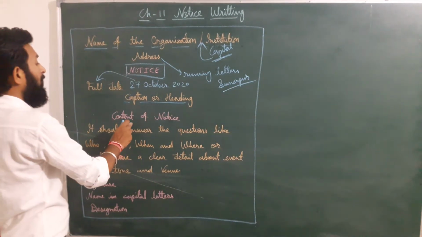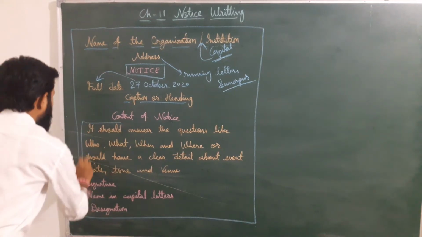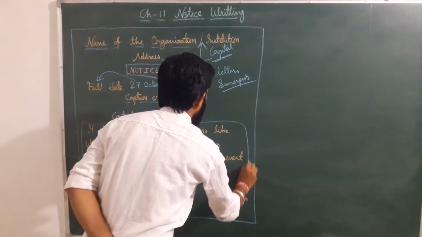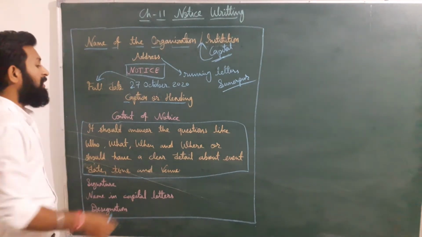After that, the content of the notice. For whatever you are writing, you have to write the complete content here. It is the content; you can say the message. It should answer the questions.